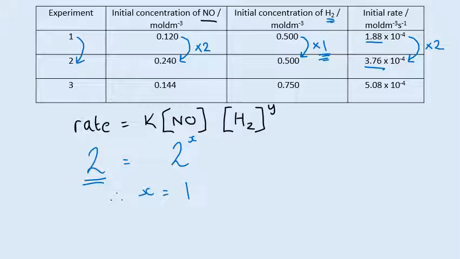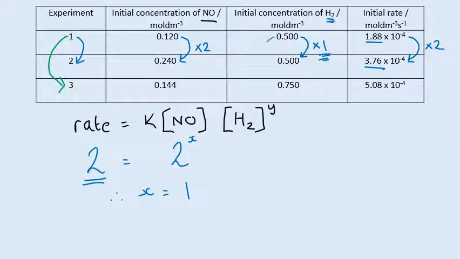The concentration of NO is changing in all three experiments, and that makes it an extra level of difficulty. So I need to compare two experiments where the concentration of H2 changes. The concentration of H2 changes in experiments 1 to 3 and 2 to 3. Makes no difference whatsoever which two I compare. I'm going to compare experiments 1 and 3.